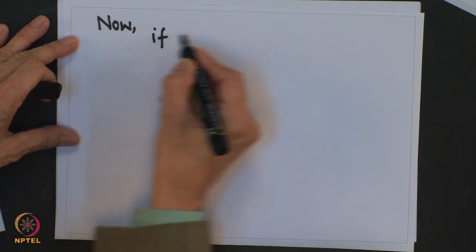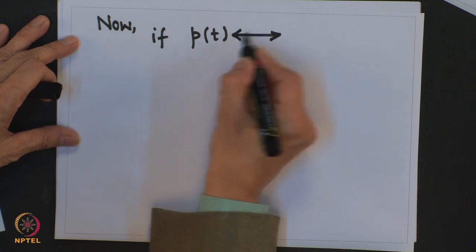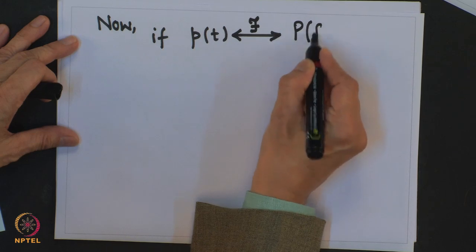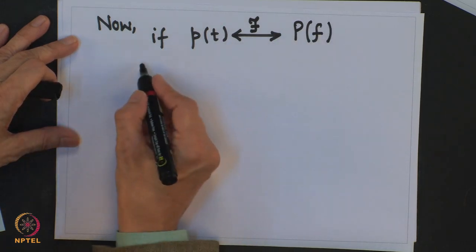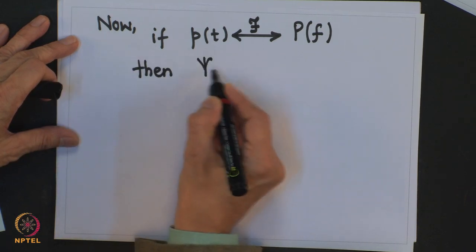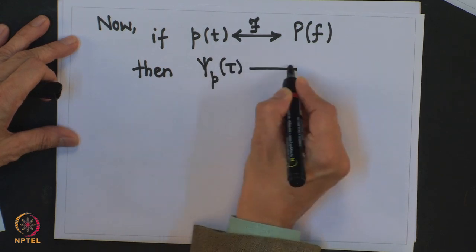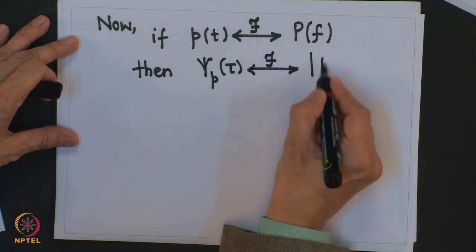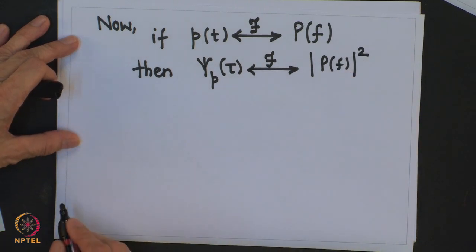Now, if p(t) has Fourier transform pair P(f), then we know that its time autocorrelation will have the Fourier transform pair which is |P(f)| squared.